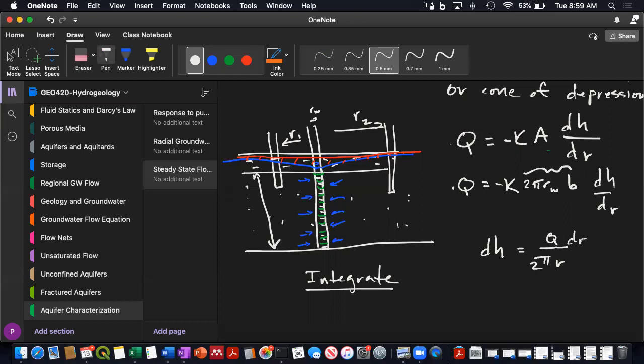So I just did some rearranging here. Brought r and dr and K times b. What's K times b? Transmissivity. So I'm going to put transmissivity here.